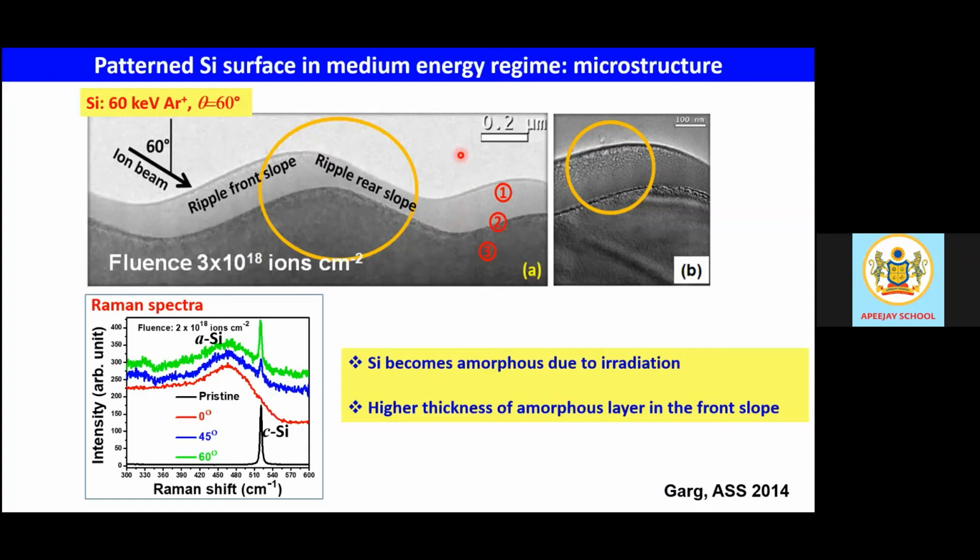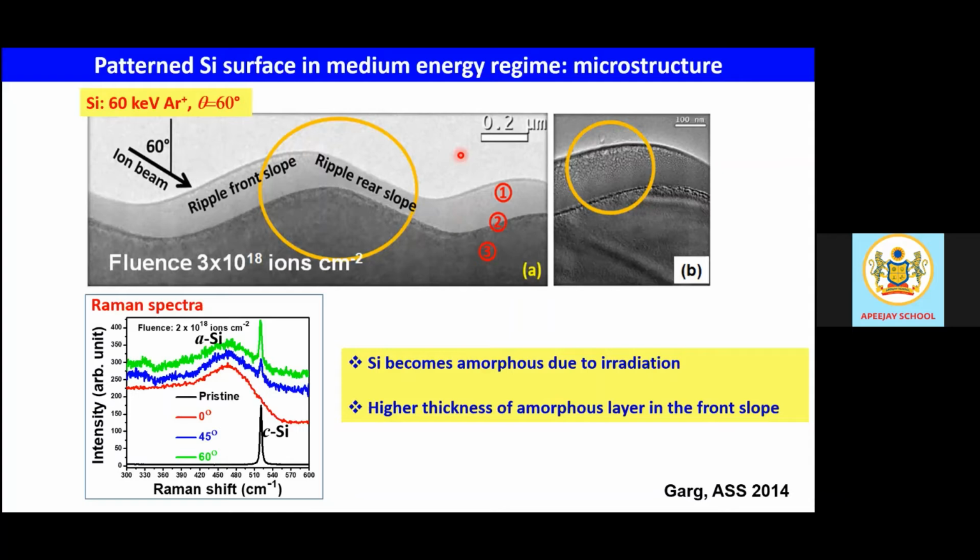Any energetic ion, when it traverses through a material, penetrates up to a certain distance from the surface, and that's the well-known projected range of the ions. It depends on the ion energy, species, and the particular target material. Of course, it also depends on the angle of incidence.